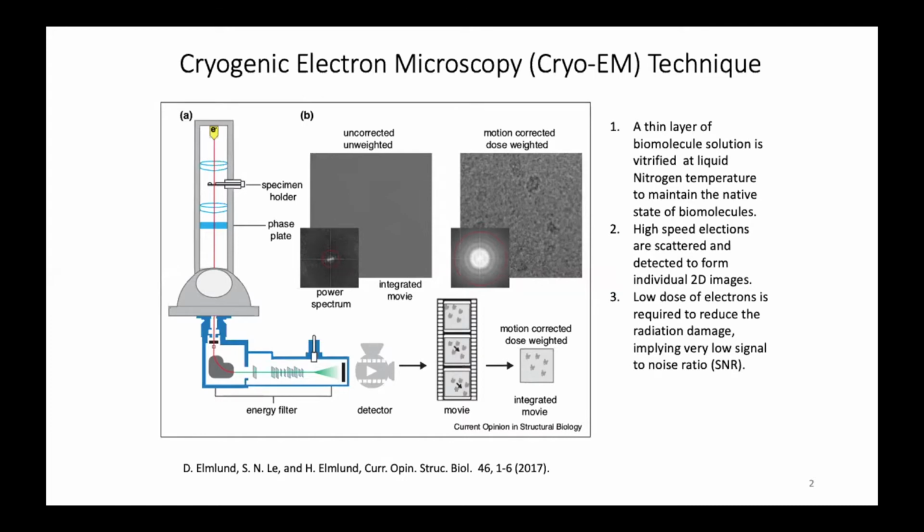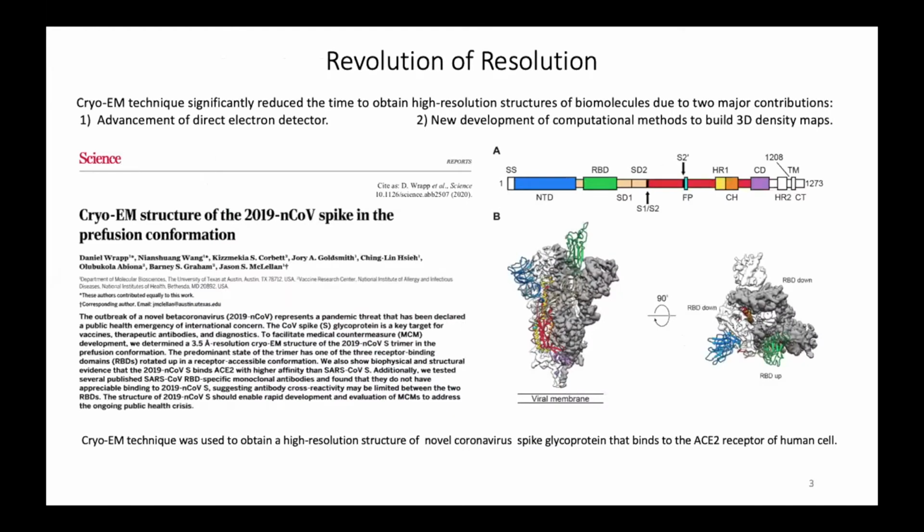So the 2D image we obtain is very nice, as shown in this picture. The resolution of cryo-EM structure used to be very low, roughly 20 angstrom, but recently a resolution revolution happened in 2014, due to two major contributions.